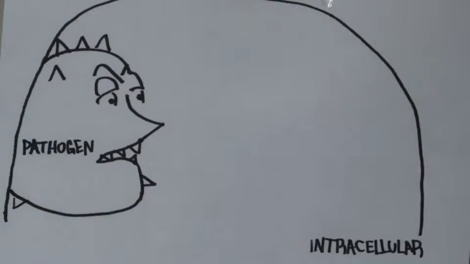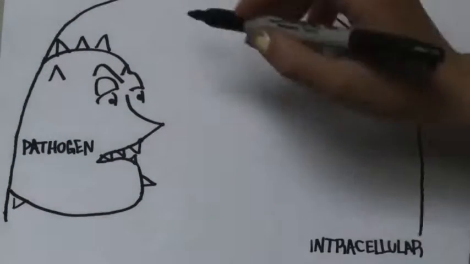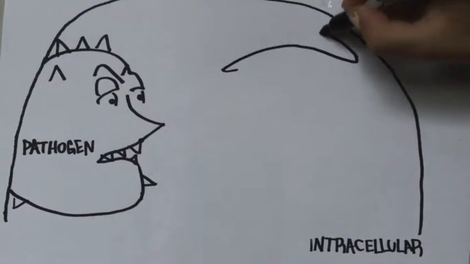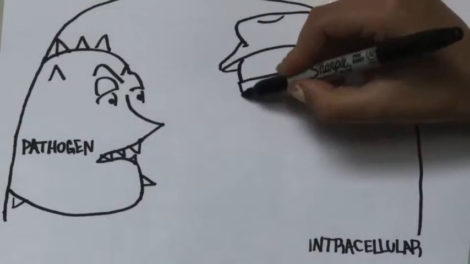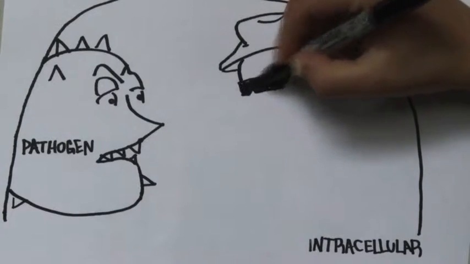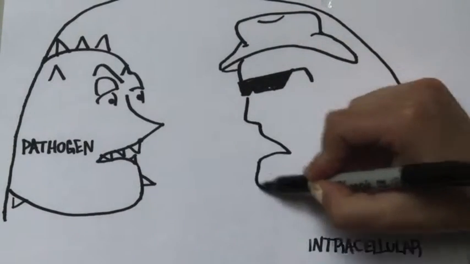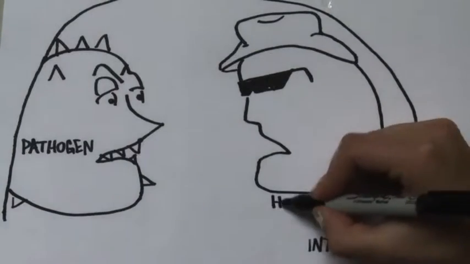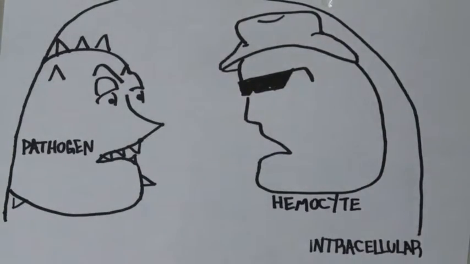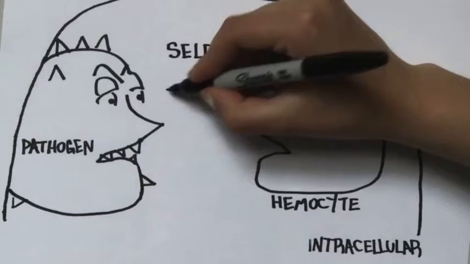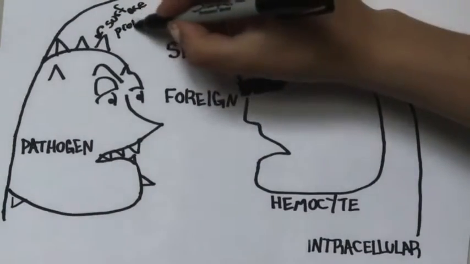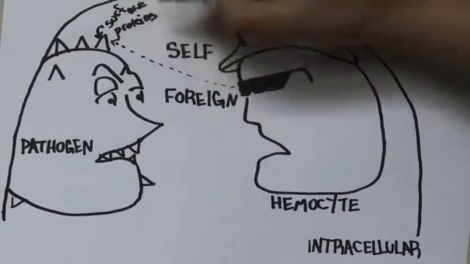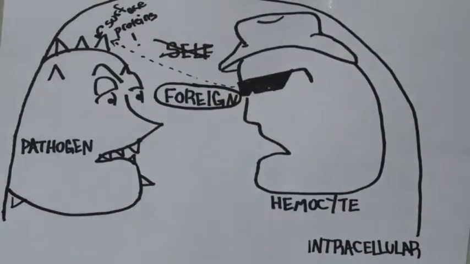The pathogen is coated in signal factors that attract the attention of the hemocyte, which is a type of phagocyte. The hemocyte is on the lookout for anything it can label as foreign. When the hemocyte notices the surface proteins, it's able to recognize it as self or as foreign.